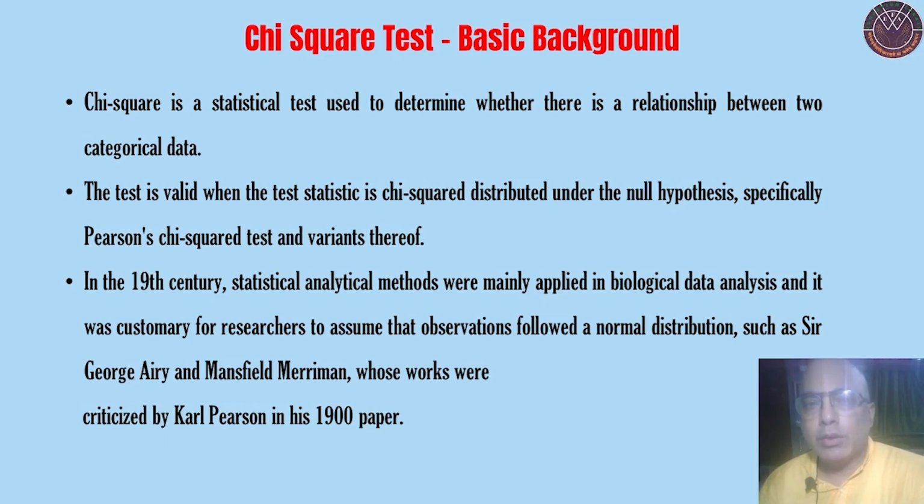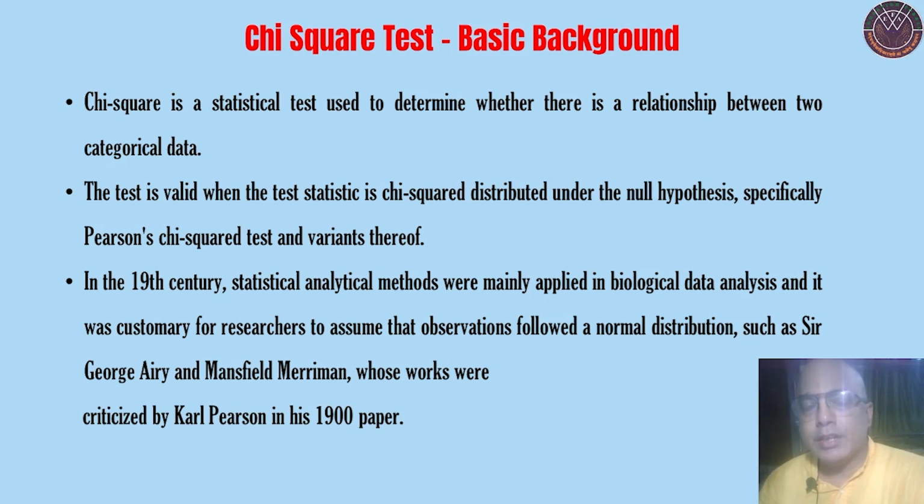The data should be chi-square distributed. In the 19th century, statistical analysis methods were mainly applied in biological data analysis, and it was customary for researchers to assume that observations followed a normal distribution. We were assuming that every distribution was normal, but Carl Pearson was against it.